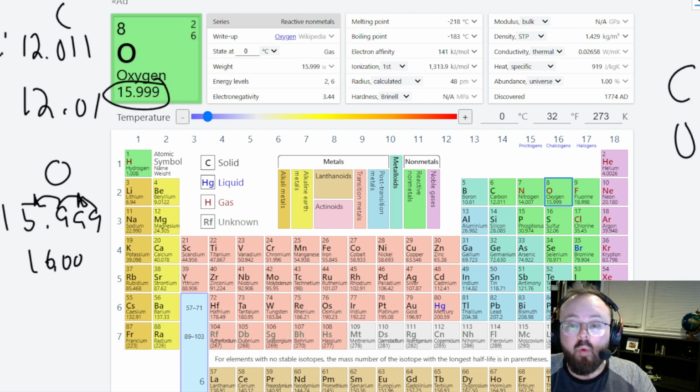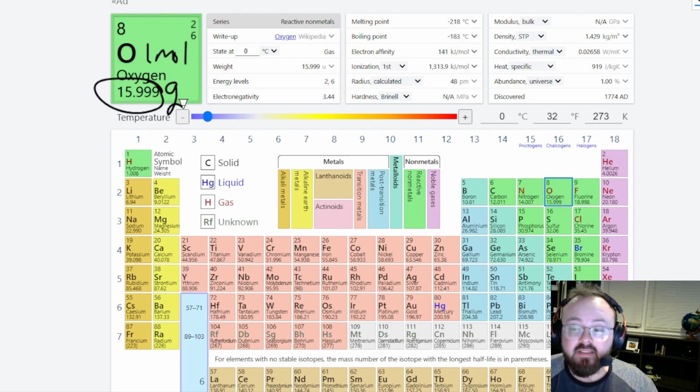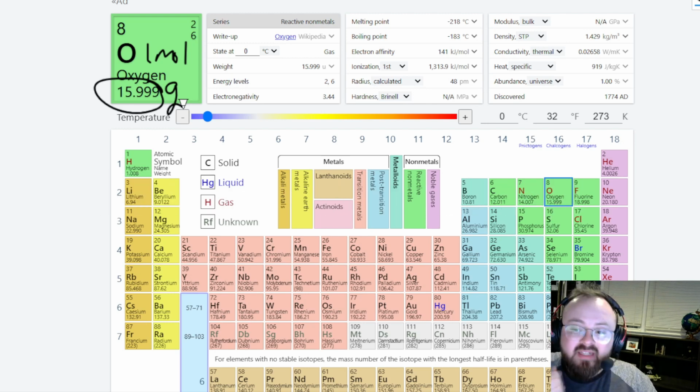So if I have 1 mole of carbon atoms, what this number tells me, let's say for oxygen here, is that if I have 1 mole of oxygen atoms, this becomes a mass of grams. And specifically, it has to be grams. And why we do this is because grams is something that we can measure.